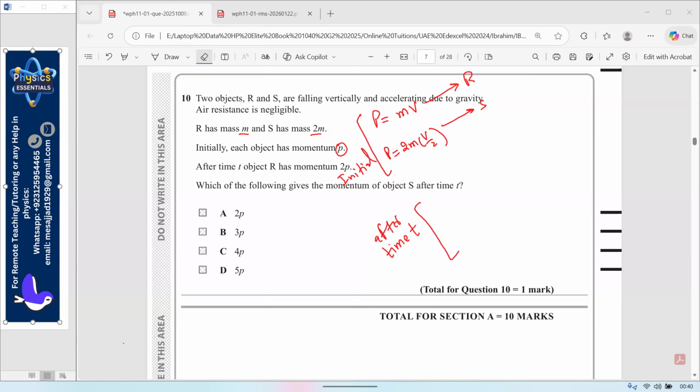After time t, the object R has a momentum of 2p.